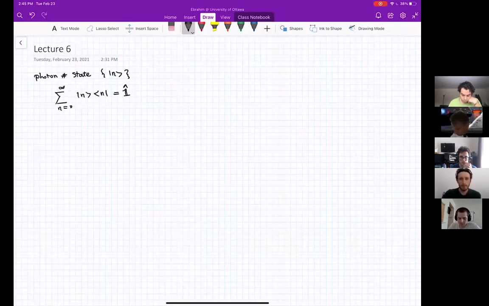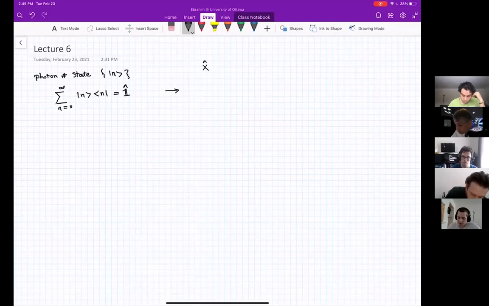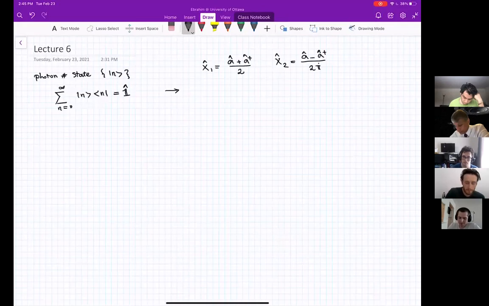Then we said that we are interested in understanding the uncertainty principle for quadratures. We defined the quadratures x1, which was a plus a dagger. Guys, please correct me if I make any mistakes, because I don't usually remember the notation that I use. And then we had x2, a minus a dagger divided by 2i.